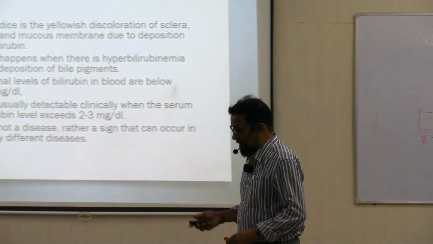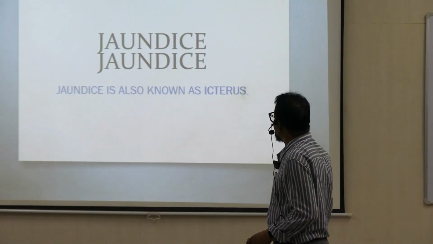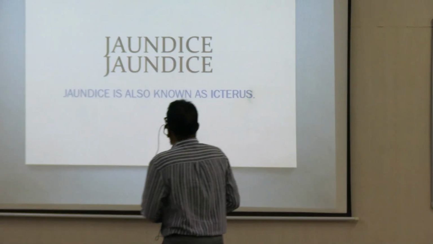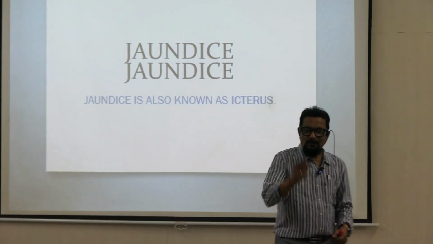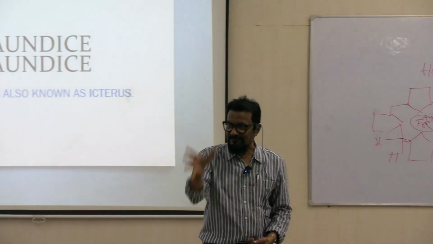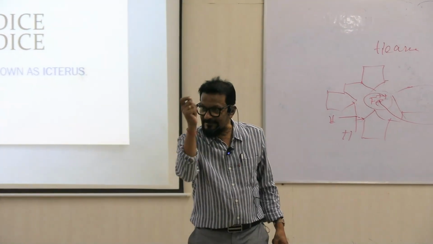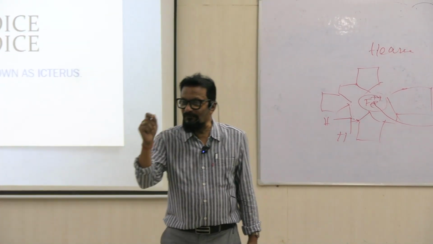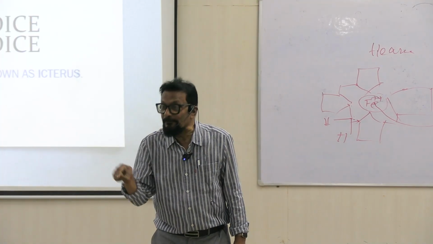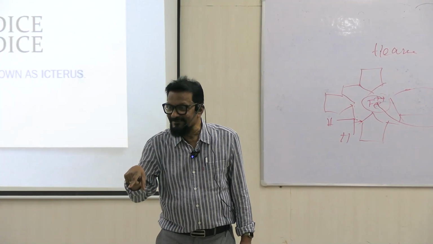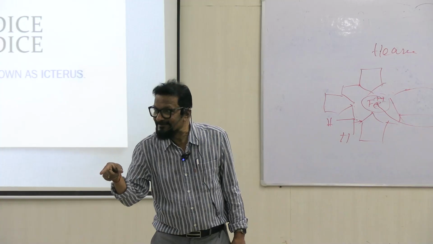Jaundice, also called icterus. Jaundice is also known as icterus. When you are examining a patient and writing his signs and symptoms, if you find it is yellow, you will not write that jaundice is present. You will write icterus present. You will write what?